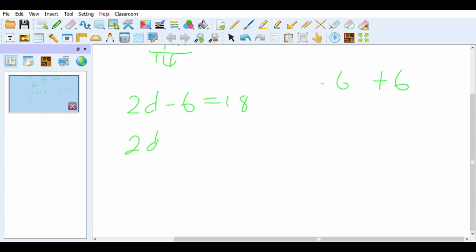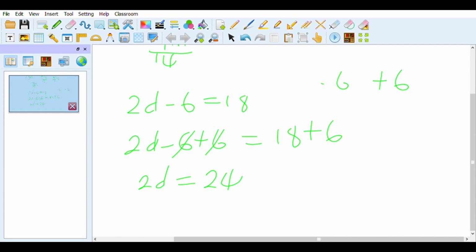So we have 2d minus 6, we add 6. What we do to the left hand side, we do to the right hand side. So minus 6 plus 6, additive inverse, will give you 0. So what is left is 2d is equal to 18 plus 6, which is 24.